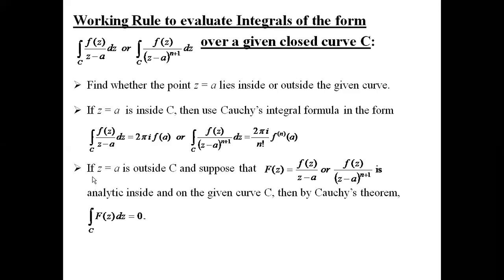So we are now discussing the case where z equal to a is a point outside the given closed curve C. Whatever expression is within the integral, either with power n plus 1 or power 1, we assume it as capital F of z, and assume that it is analytic inside and on the given closed curve C. Then according to Cauchy's theorem, the integral over C of F of z dz, the given integral, is equal to 0.